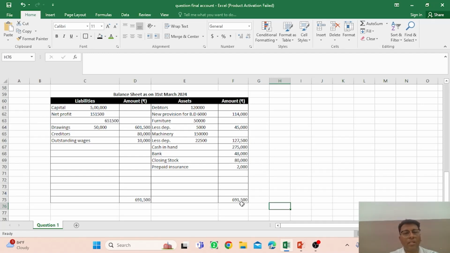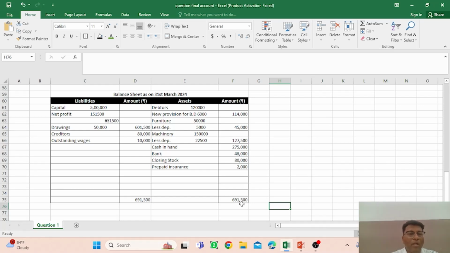So dear students, this is the particular demonstration of how to solve a numerical problem of final account, and you have to match. It was shown during this solution that if you leave any particular adjustment, for example prepaid insurance, there would be a mismatch in both the sides total.